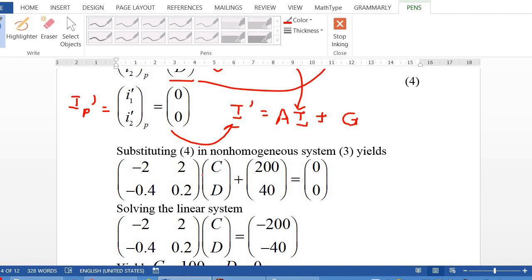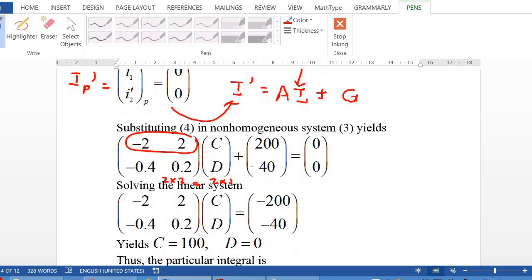Using matrix multiplication, this is a 2 by 2 matrix times a 2 by 1, so it can be multiplied. The result is a 2 by 1 vector. Before that, we move the constant vector plus 200 to the other side, so it becomes negative 200, negative 40.